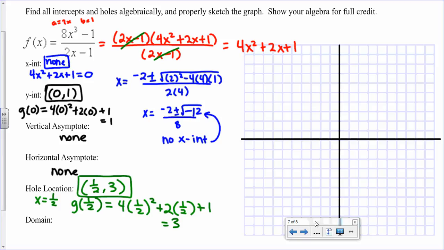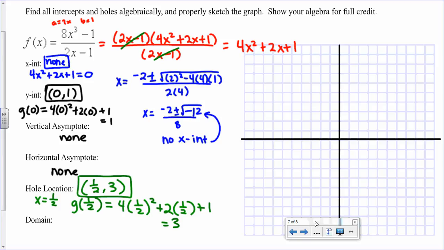Is there any specific reason why we're using a simplified version rather than the original? Would it give you the same answer anyway? Yeah, this one would. But for your x-intercepts, when you're looking at a cubic, it's going to be different than the quadratic. The 2x minus 1 is not actually part of your graph because it cancels. All it does is affect my domain.